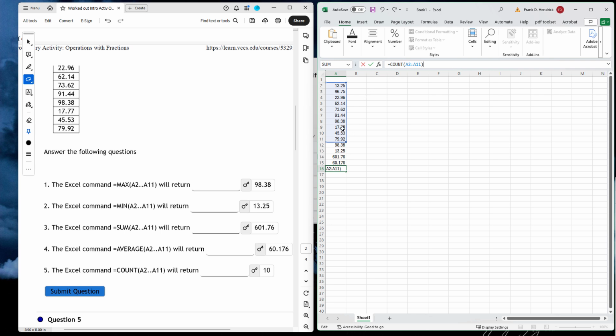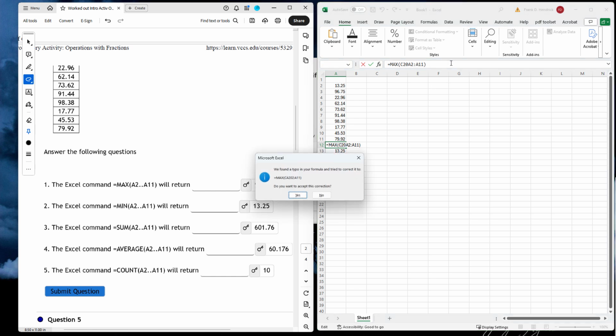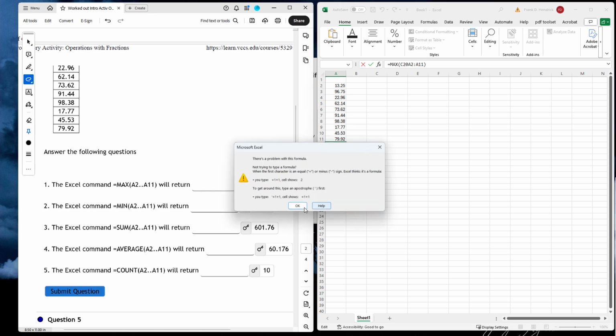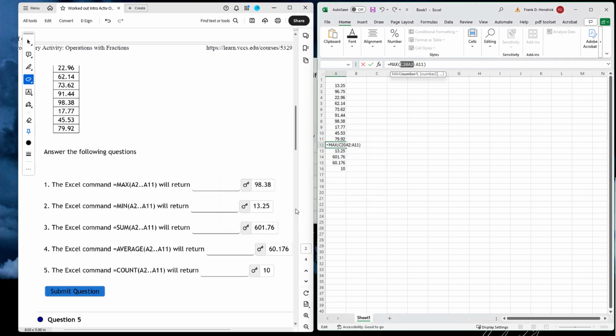Notice how it selects the cells I'll be using in each formula. So in A12 here, if I click on A12, it shows me what cells it's using. Okay, I'll change it a little bit.